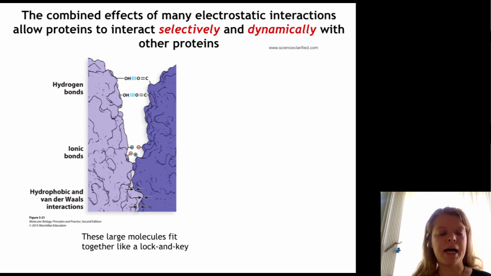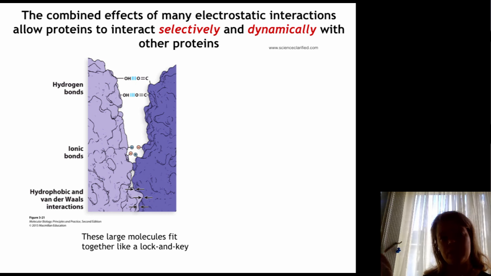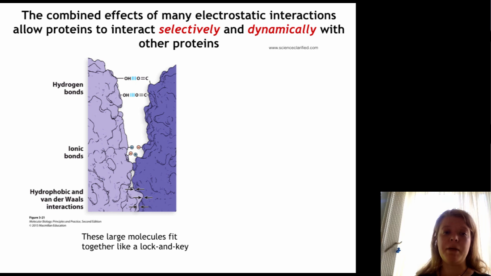And this can be combined, both hydrogen bonding and ionic bonding and hydrophobic effect and van der Waals interactions, which are physically a bit more complicated than I care to discuss here, allow for proteins to both interact selectively, which means they can choose their own particular partners and reject others, and dynamically, which means that some partners, once they bind, are then also able to release, which is really important because proteins, especially one class called the enzymes, are catalysts.